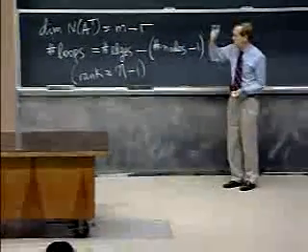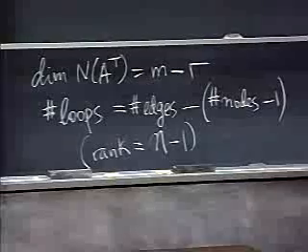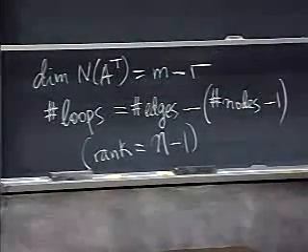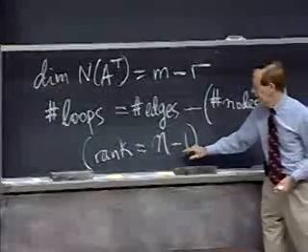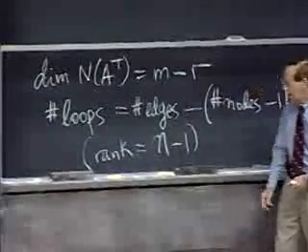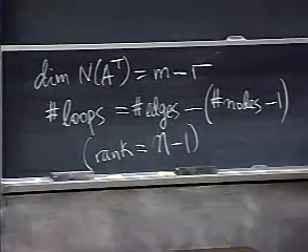Because of that 1, 1, 1, 1 vector in the null space, the columns were not independent. There was one dependency, so we needed n minus 1. This is a great formula.